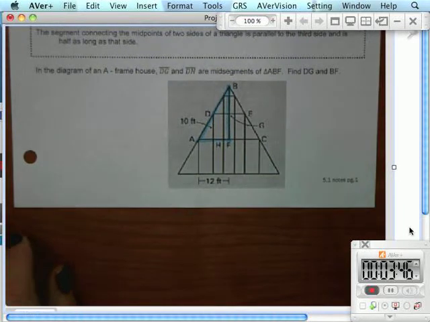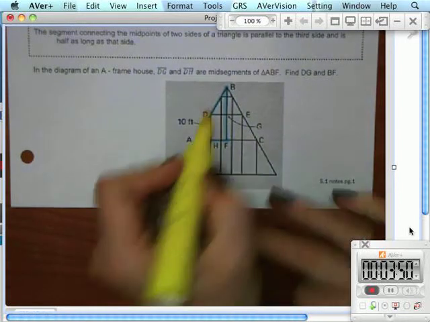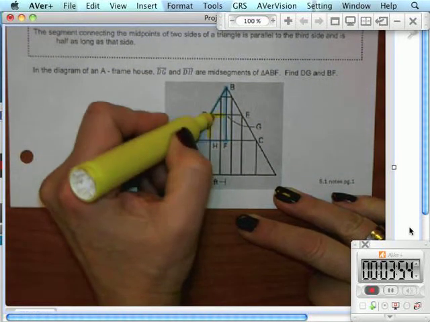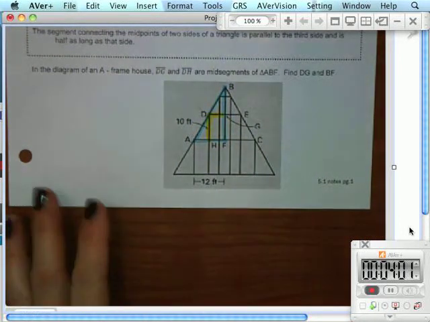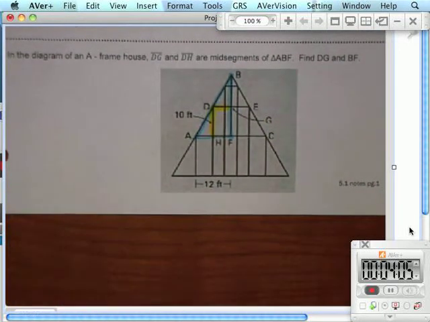Okay, then it told me that DG, which is right here, and DH are both mid-segments of ABF. I need to find DG and BF. Obviously, we're going to be using the idea of the mid-segment theorem.